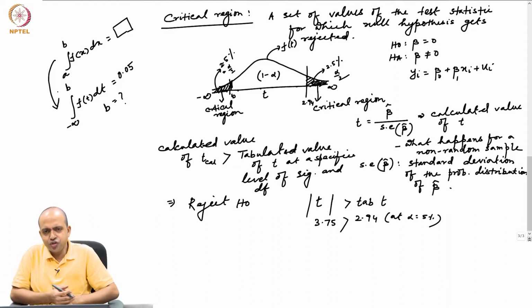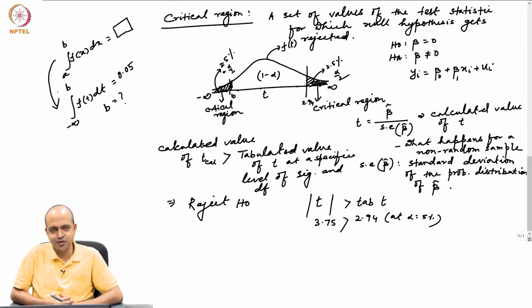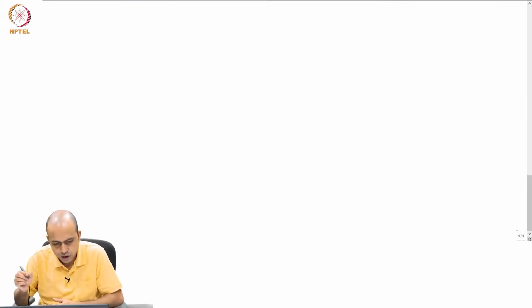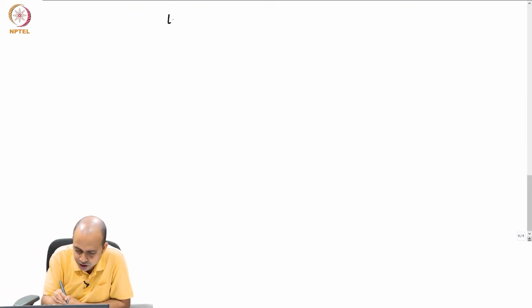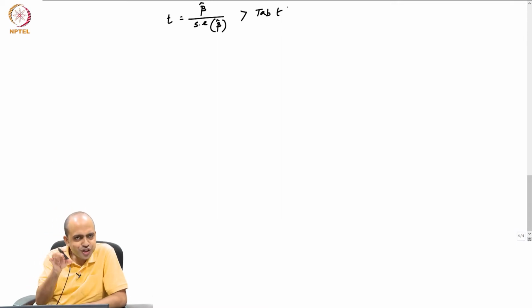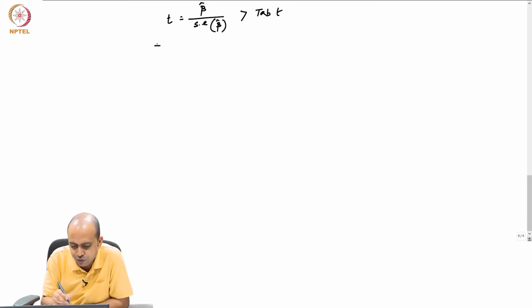Now, in this entire process, what happens? Since the decision making rule says that t equals beta hat divided by standard error of beta hat should be greater than the tabulated t, that means your decision making rule involves some kind of probability distribution.